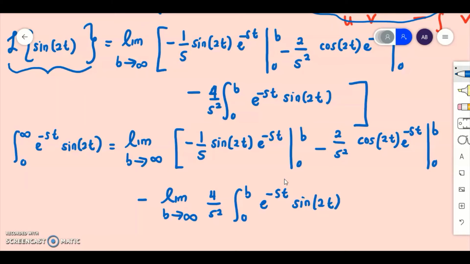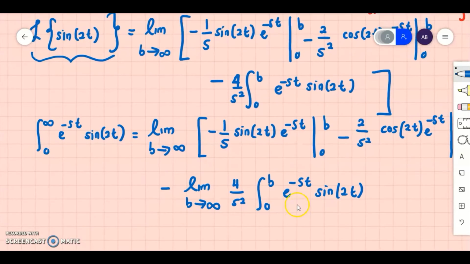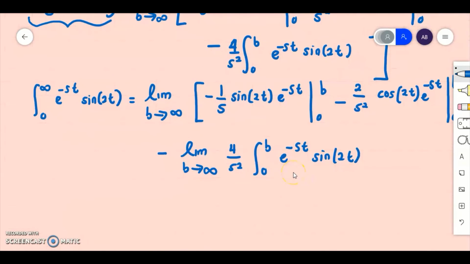Now what I'm doing here, you can see there's a common term here, exponent negative st sine 2t, with this part here, right?